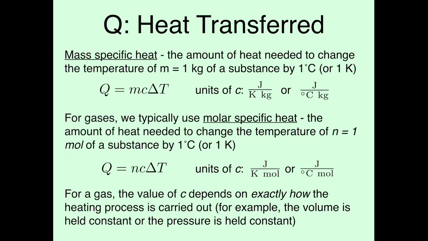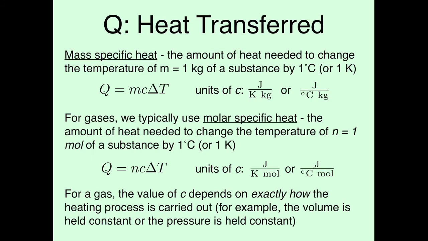Remember n, this appears in the ideal gas law equation. n is the number of moles, okay? So we can write this as Q is equal to n times C times delta T. But now the units of C are joules per Kelvin mole. So instead of kilograms, we have moles as a way of measuring the amount of stuff. Or we could say joules per degree Celsius mole. Again, it's just a different way of counting the amount of substance.